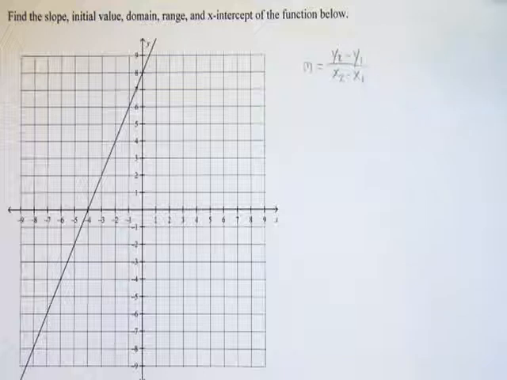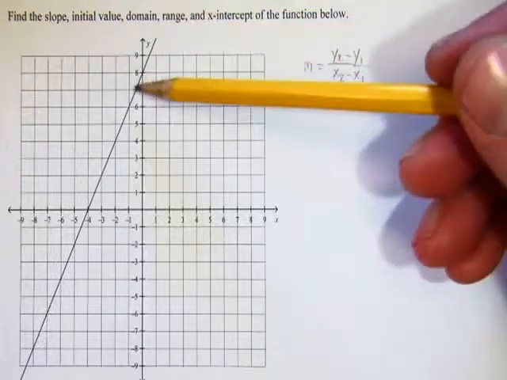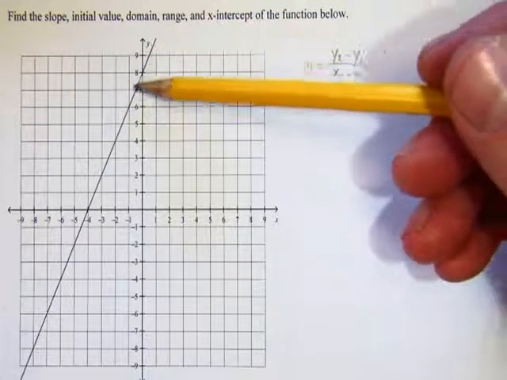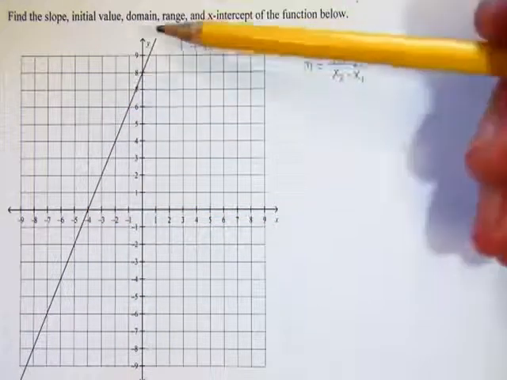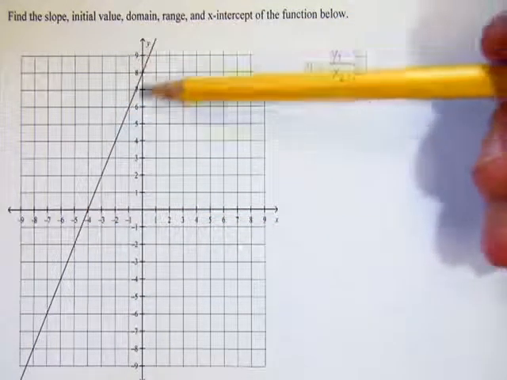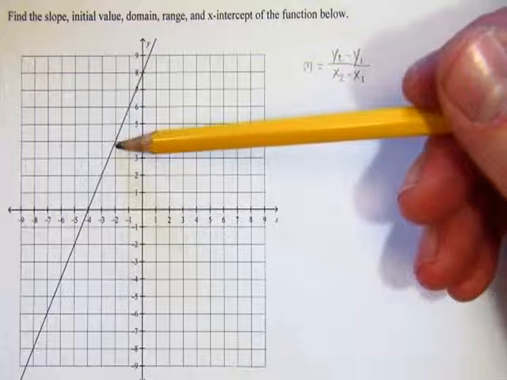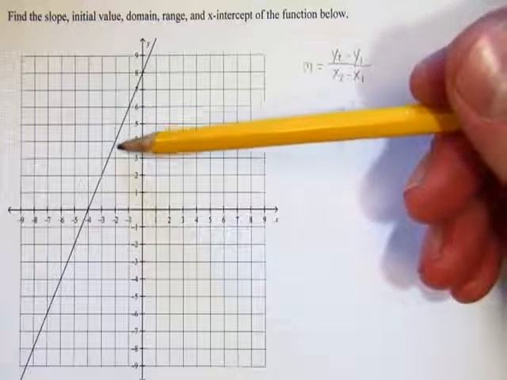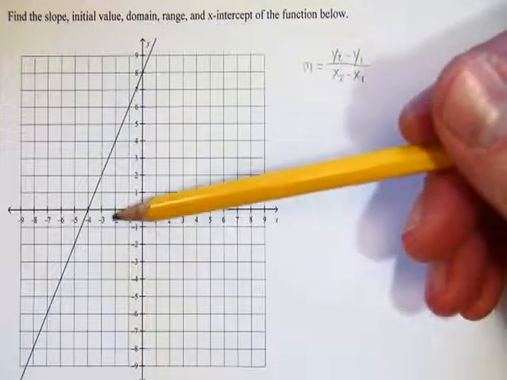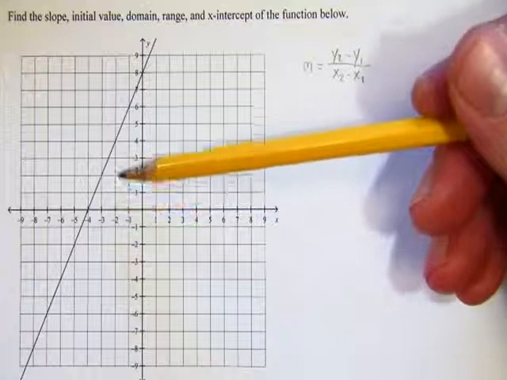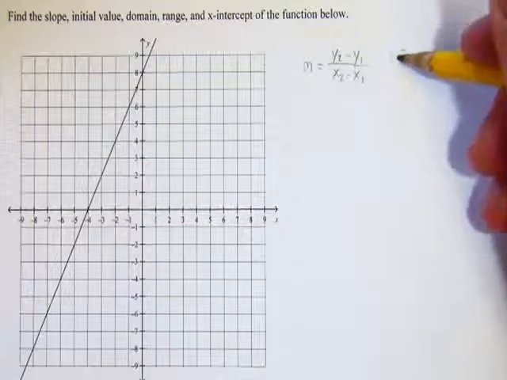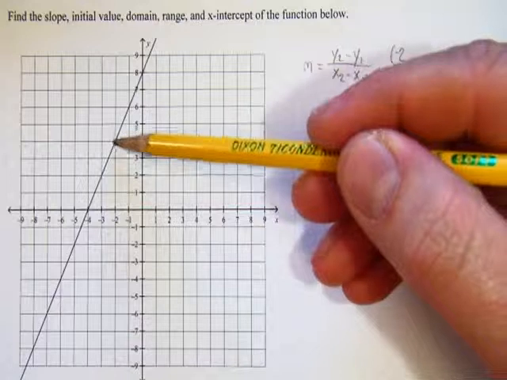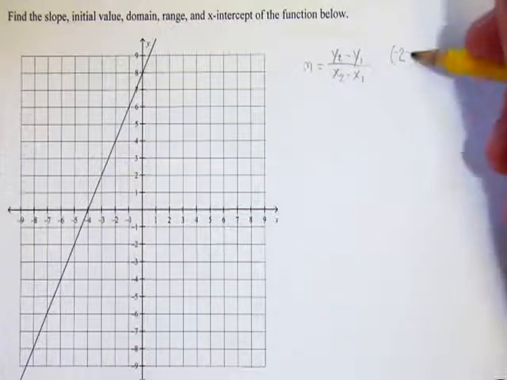So I'm going to look for 2 points where the line passes right through the intersection of two of these lines and where it's very easy to see what the point is. For example, right there, you can see the line passes right through that intersection. The x value, the domain value right there, is going to be -2, and the range value is going to be 4.